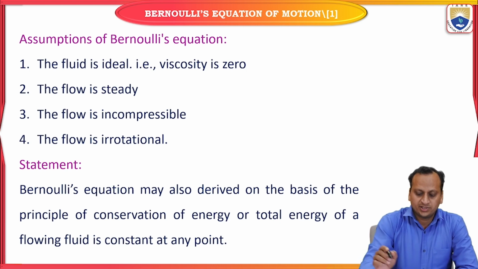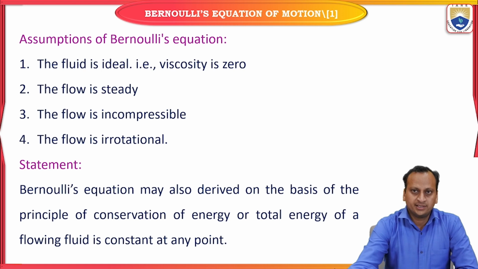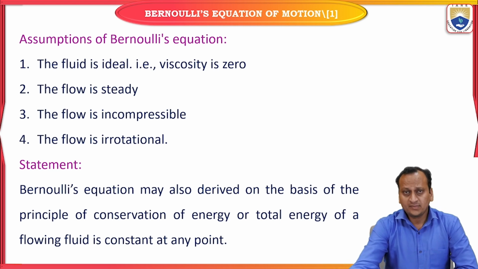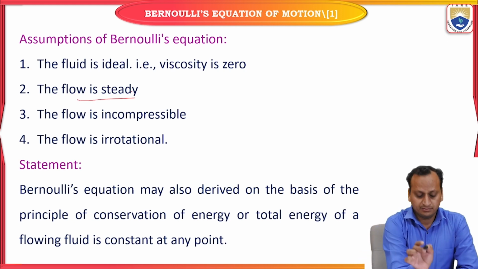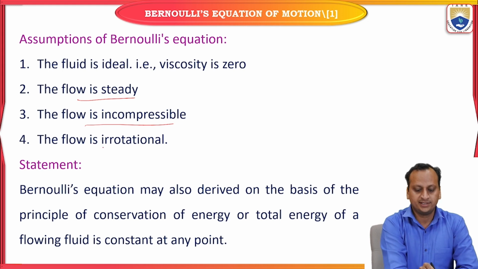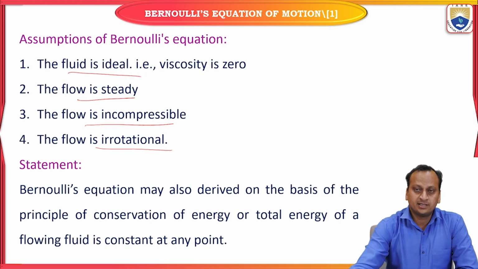Bernoulli's equation says that the total energy remains constant at any section of a flowing fluid for the given assumptions: if the fluid is ideal, the flow is steady, the flow is incompressible, and the flow is irrotational. For these four characteristics, the total energy remains constant.